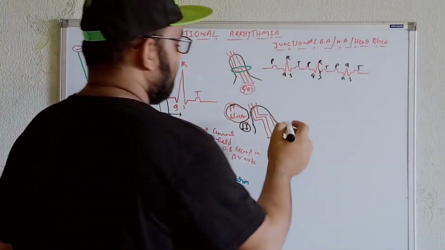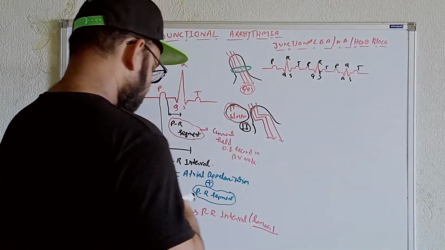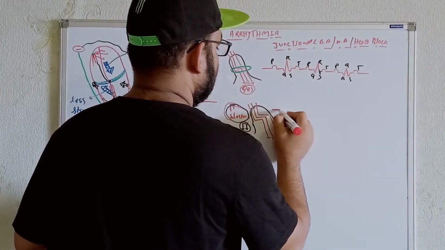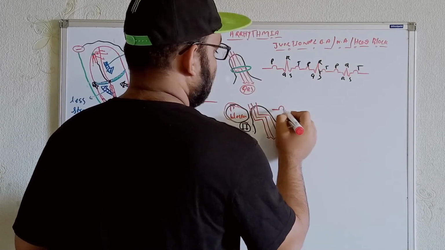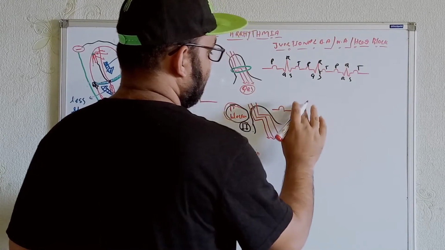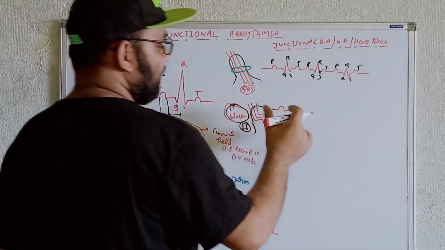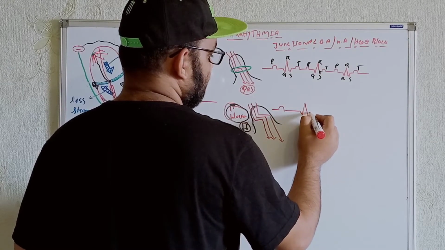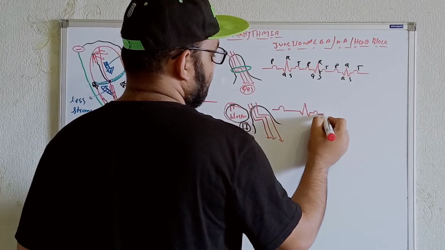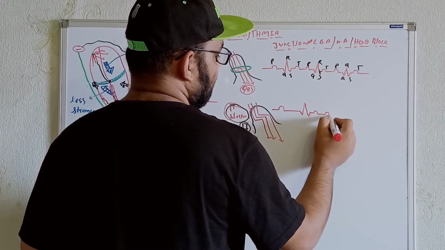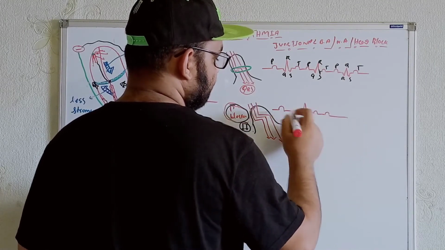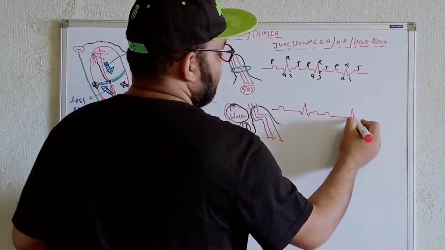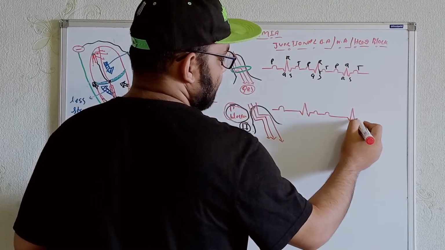So in this case, whatever graph we are supposed to get, we will get the P wave, and then try to understand, we will get a longer duration, an extended PR interval or PR segment, and again we will get the QRS complex, again the T wave.